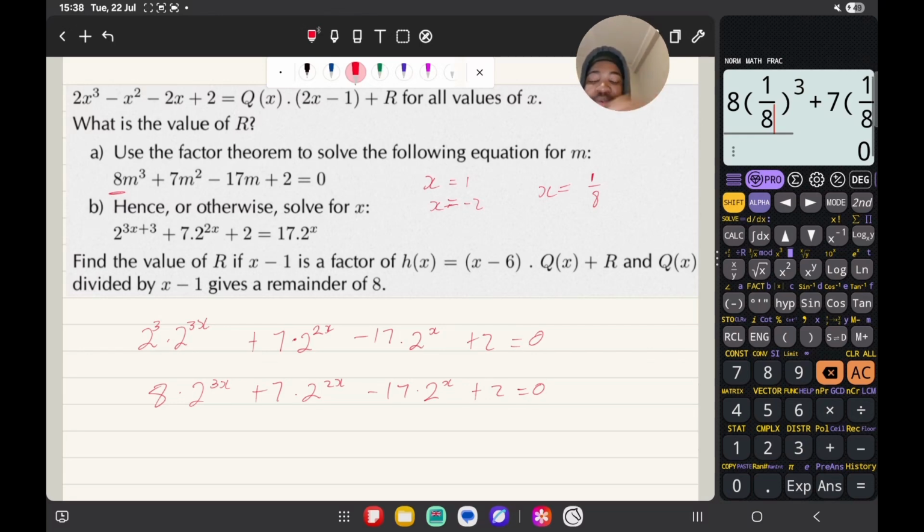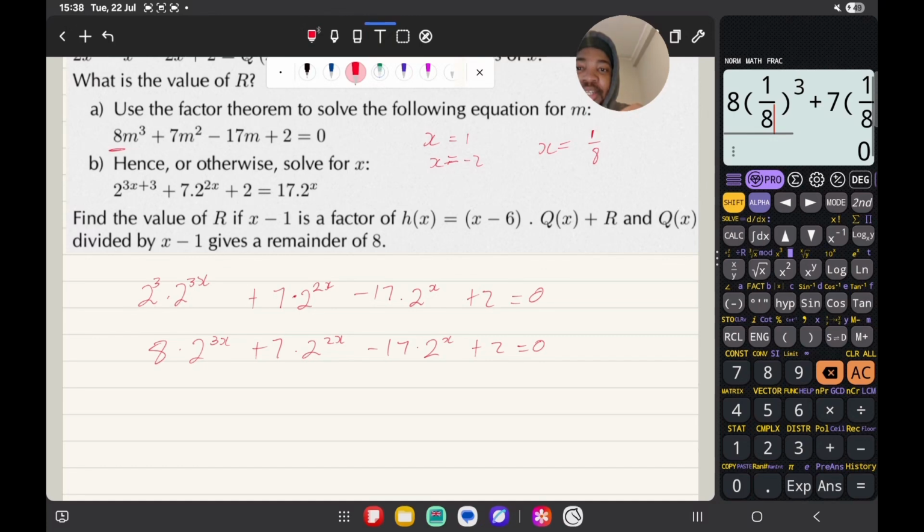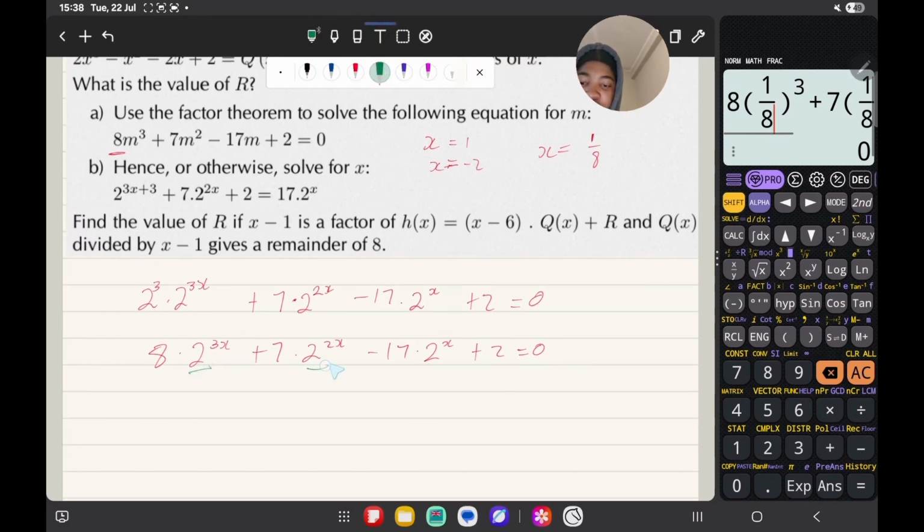So at least now we have something. These are kind of the same. I can write this as 8 multiplied by 2 to the power of x cubed, plus 7 times 2 to the power of x squared, minus 17 times 2 to the power of x, plus 2 equals 0.